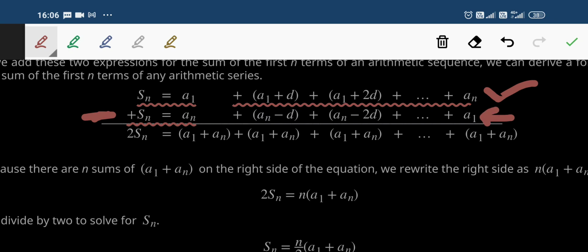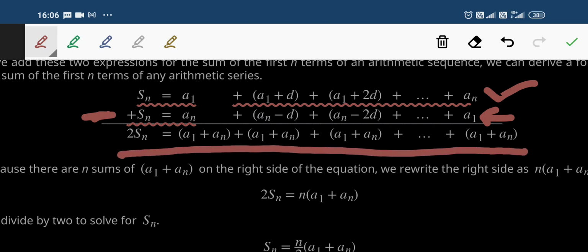So we are writing terms like that. Now if we add these equations together, we get 2Sn equal to a1 plus an, a1 plus an, a1 plus an, till a1 plus an. Here we have all a1 plus an, so this will be n times a1 plus an.